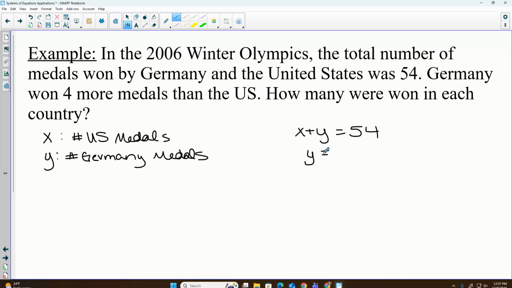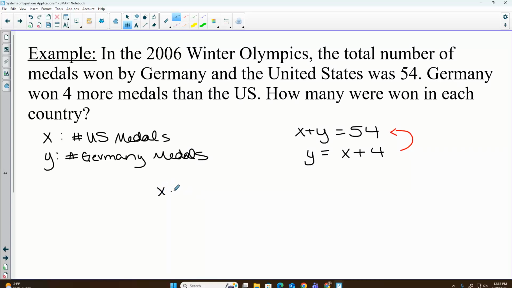Germany won more than the US, so it would have to be y equals the number the US won plus 4, since Germany won more. Would this one be easier to solve with substitution or elimination? Substitution. The second one is already y equals, so we could just plug that into the first one.